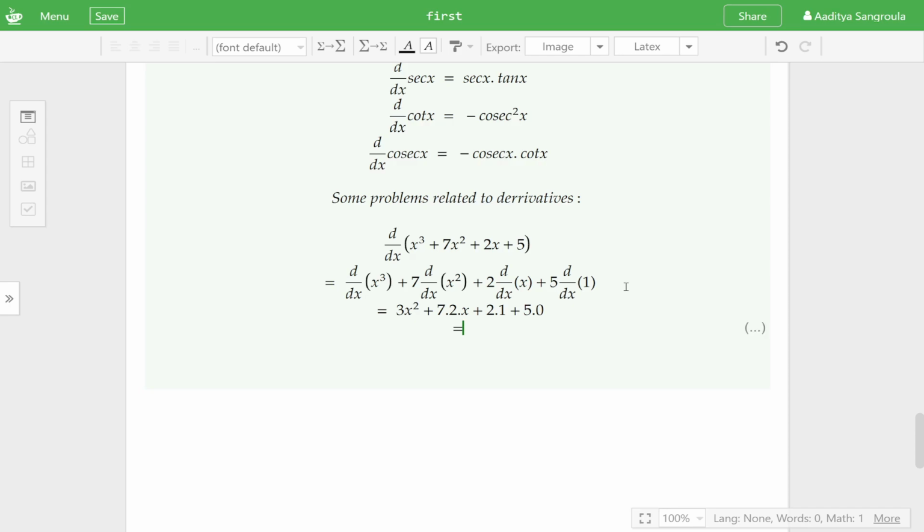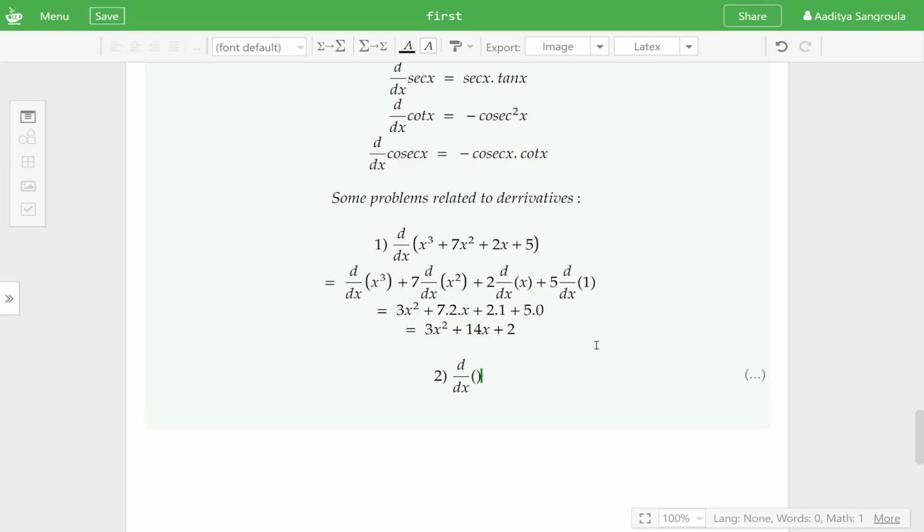So that's going to give us 3x squared plus 14x plus 2. So this is the derivative of the function x cubed plus 7x squared plus 2x plus 5. So we completed question number 1.